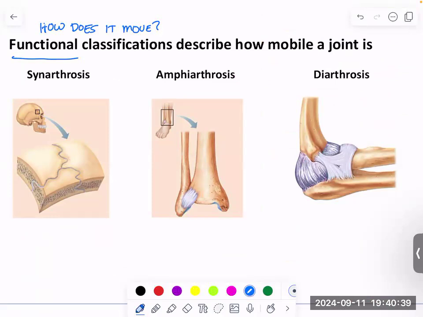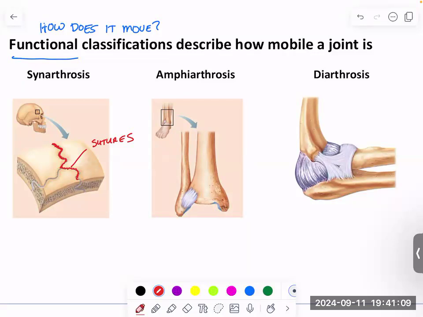For example, we've talked about these. These are the joints that connect your skull bones. These are sutures. How do they move? Do they move a lot? Do those two bones move a lot between that joint? Yes or no, folks?